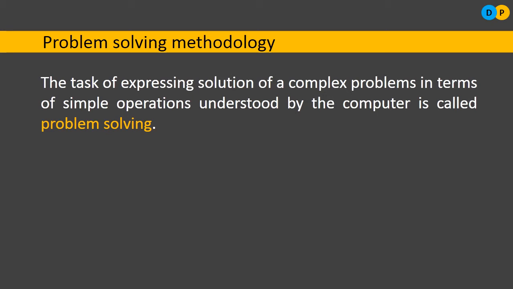So that's why here is the task of expressing a solution for a complex problem. The problem is very complex in nature. If the problem is not very complex, then we may not take the help of the computer. Ordinary people can also find the solution for a simple problem. Only if the problem is very complex will we employ the computer. So how are you going to solve this particular problem?